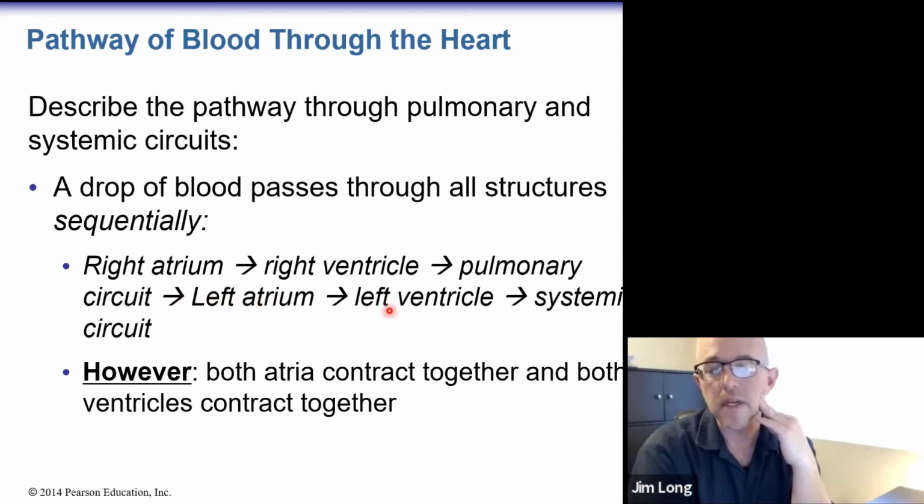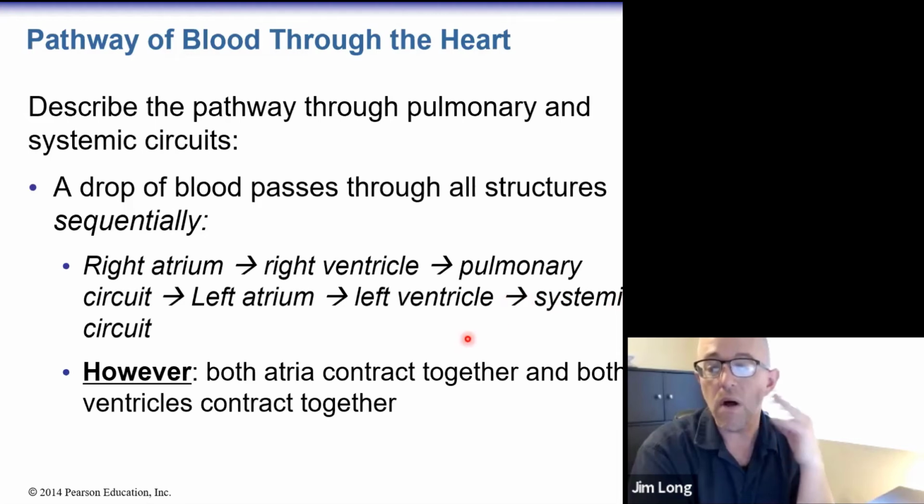And then between the left atrium and the left ventricle is what valve? The mitral valve. The left ventricle is going to contract, and between the left ventricle and the first big artery of systemic circulation, the aorta, is the aortic valve.